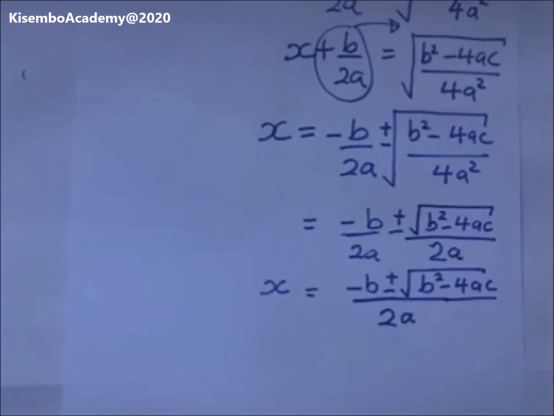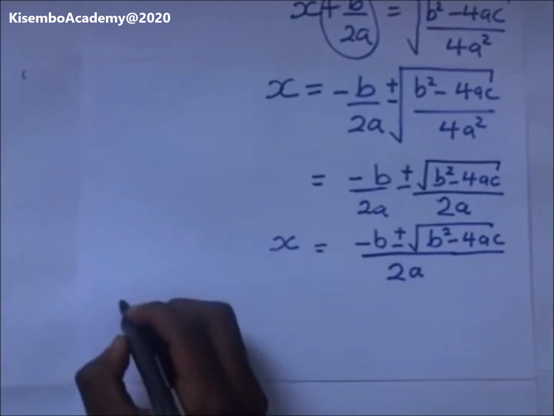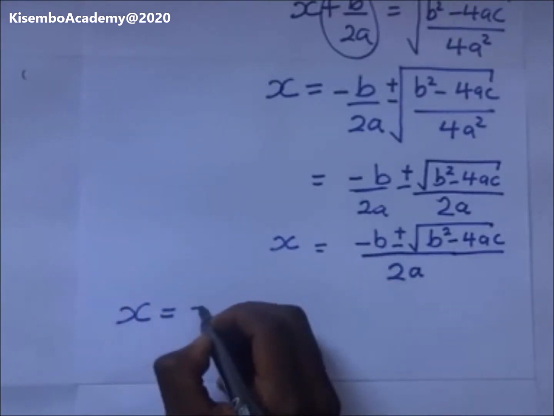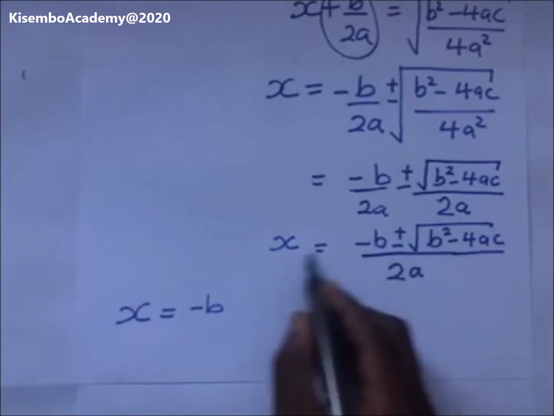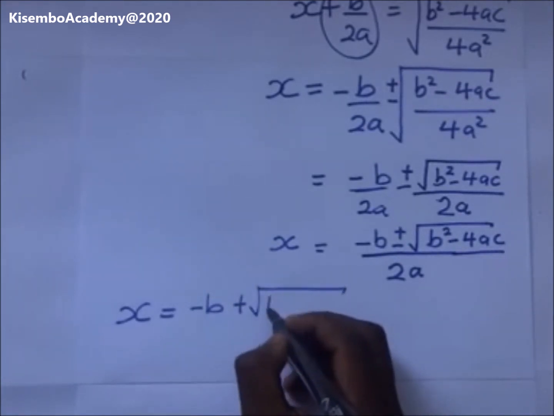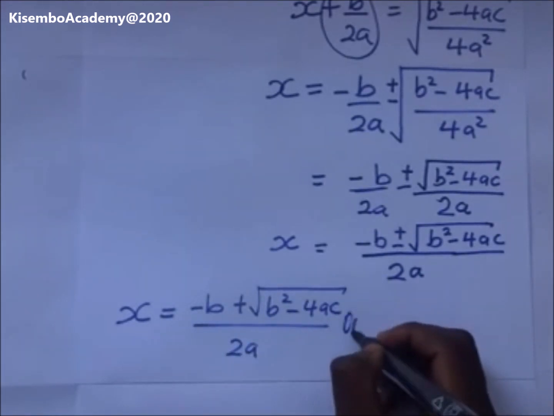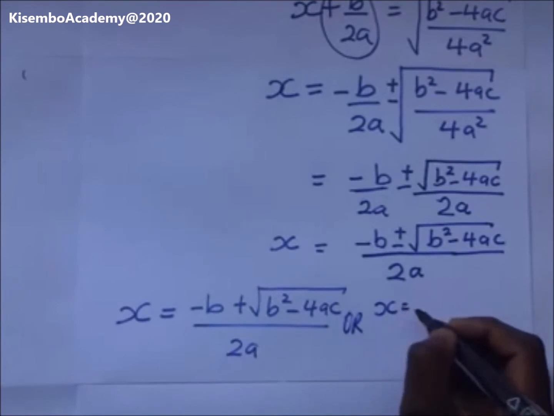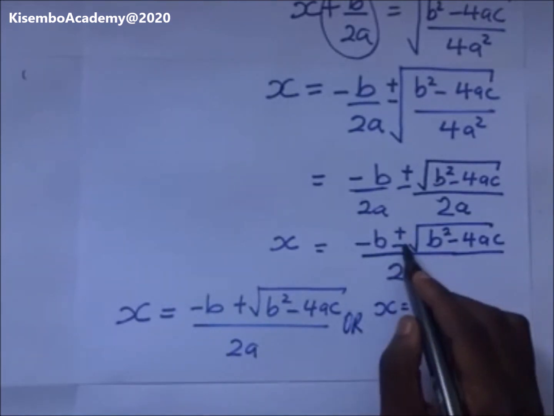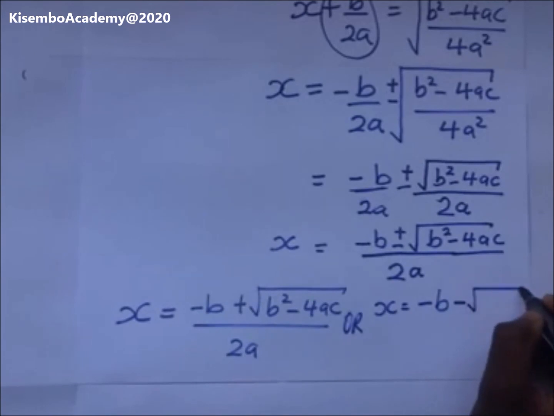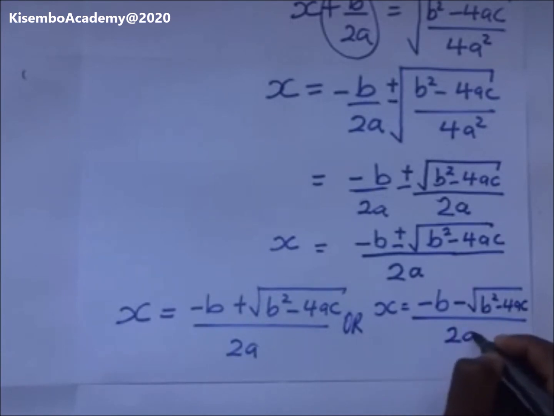So according to this quadratic formula of ours, when we are solving quadratic equations, we always have two solutions. Our value of x will either be negative b plus the root of b squared minus 4ac over 2a, or our value of x will be negative b minus the square root of b squared minus 4ac, divide all that by 2a.